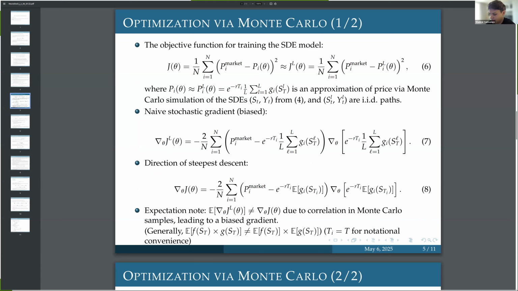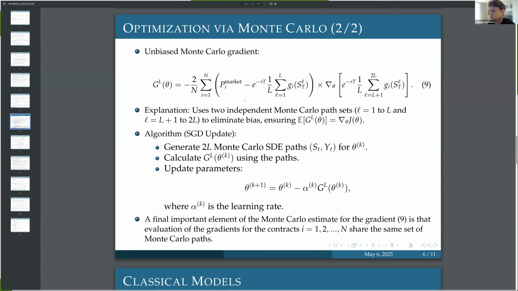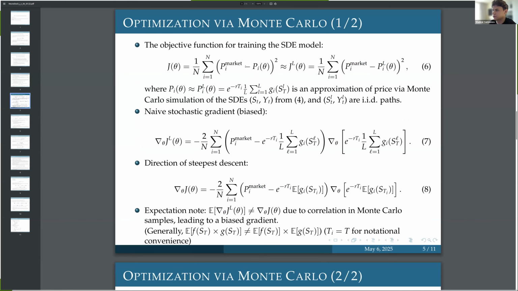The first approach that they use is about using mean squared error for the loss function. You can see it in formula number 6. You have market prices of different derivatives, like options, and you have the model-generated price.